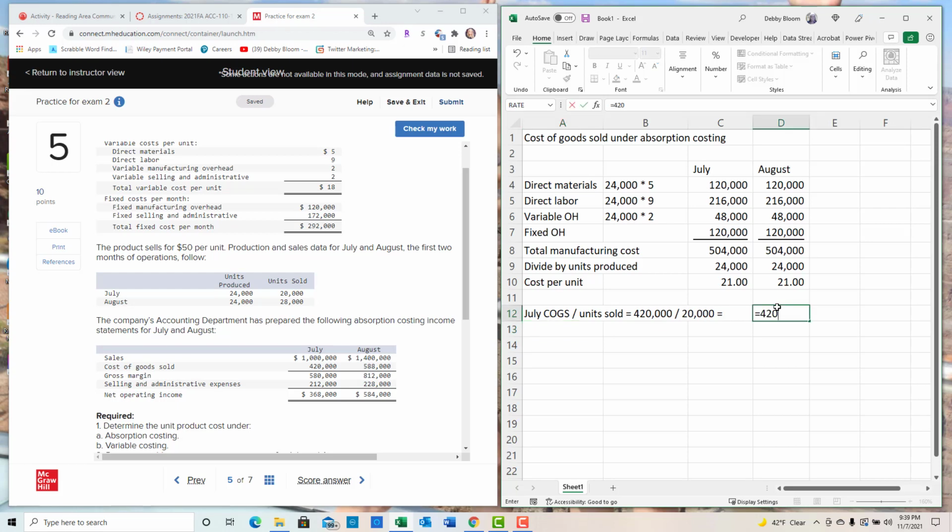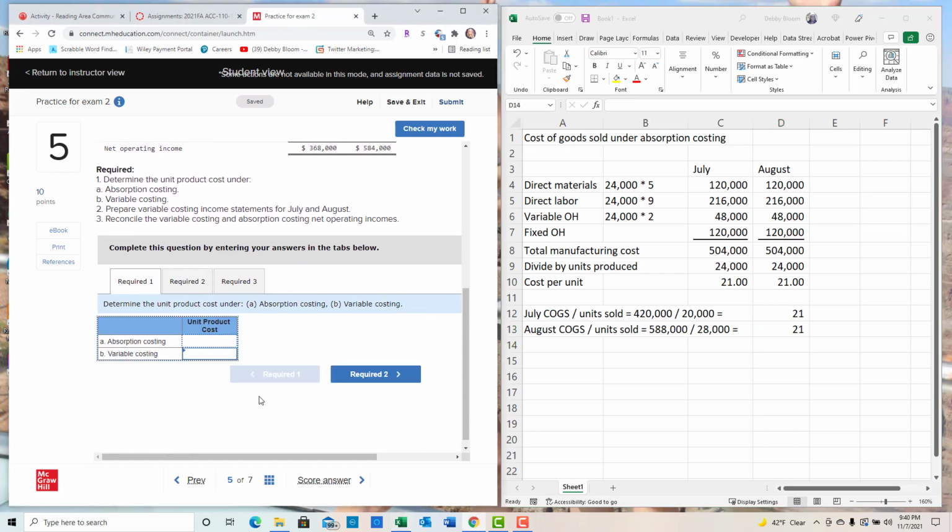So 420,000 divided by 20,000 gives me exactly the same, $21. And of course for August, same thing. If we take the cost of goods sold and divide by the units sold, we're going to take 588,000 and divide by 28,000. And we should get exactly the same, $21 per unit. So we've got our unit product cost under absorption costing: $21 per unit.